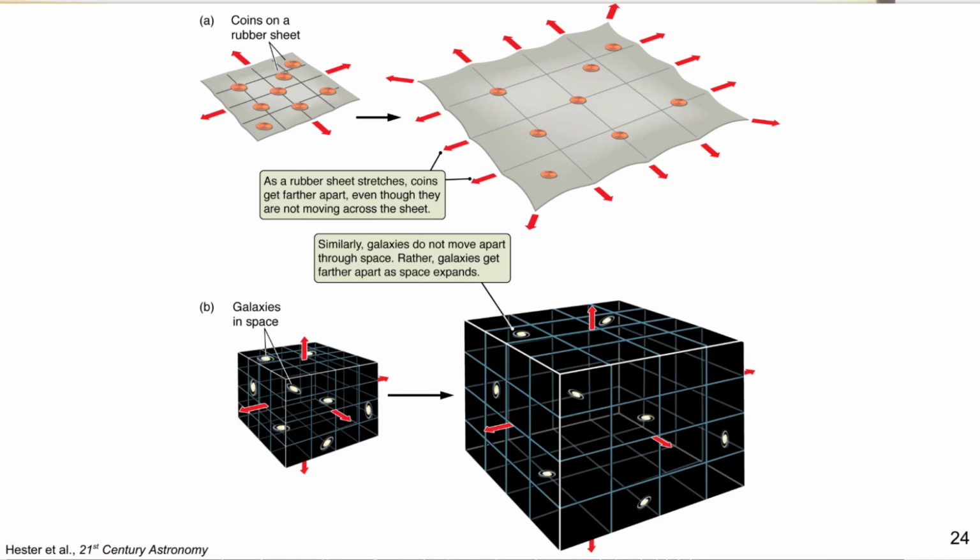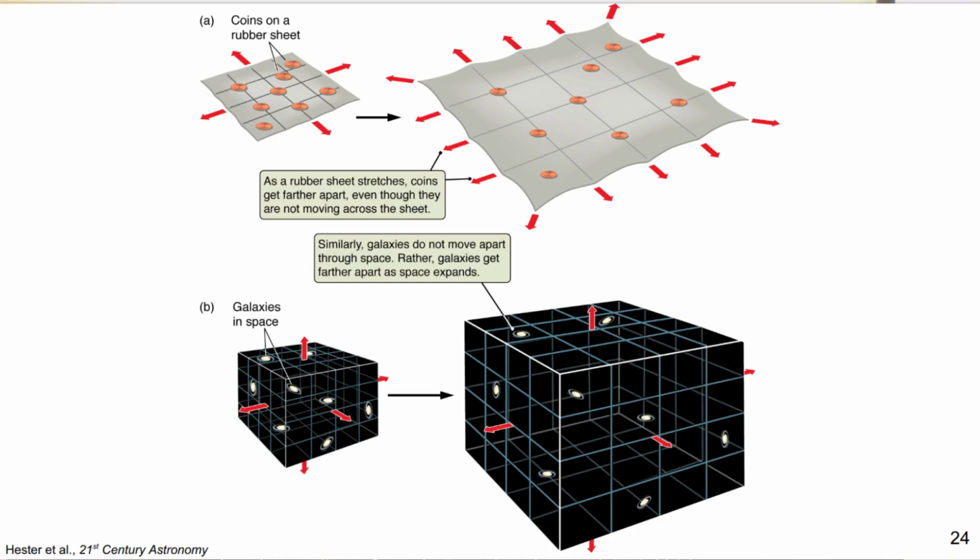And that's what's happening in the universe. The space between clusters of galaxies is expanding, carrying them away from one another. So it's not motion of the galaxies through space, if you will, that's responsible for the Hubble redshift distance relation. It's the expansion of space that is causing it. And here's the 3D version, galaxies in space.